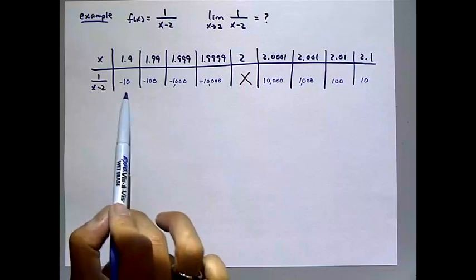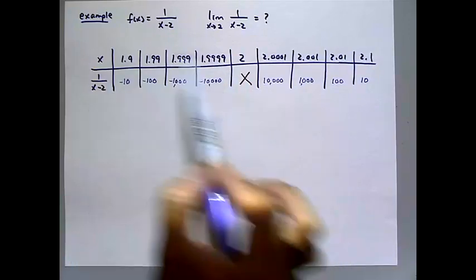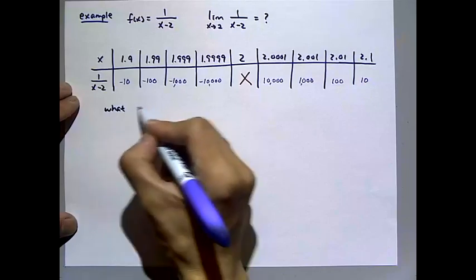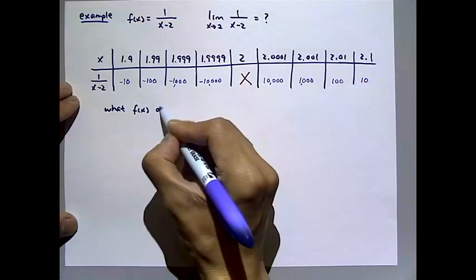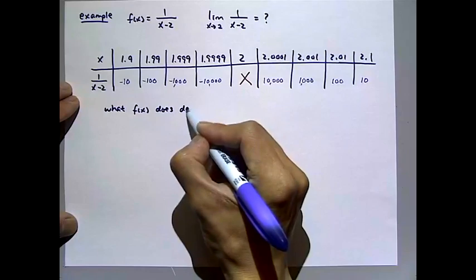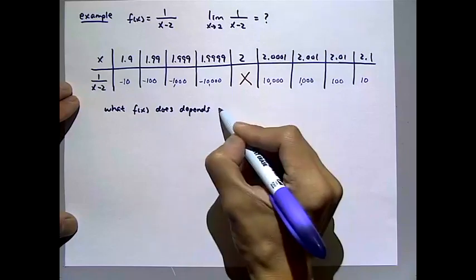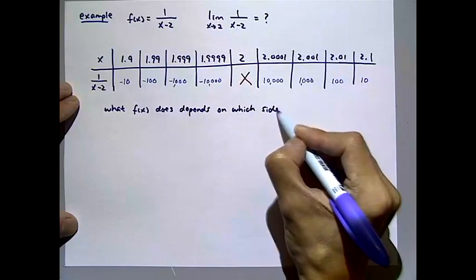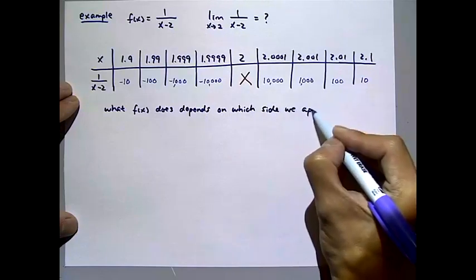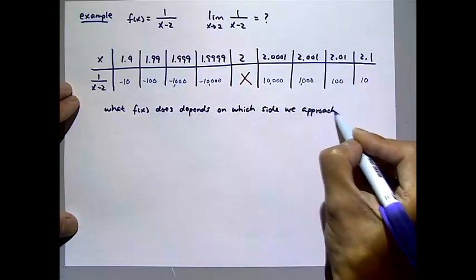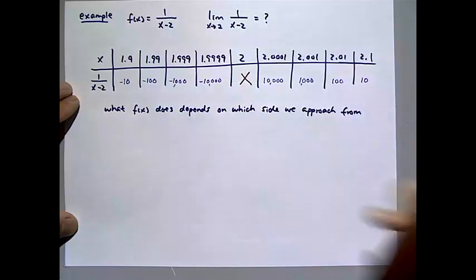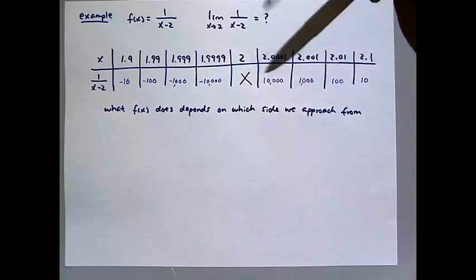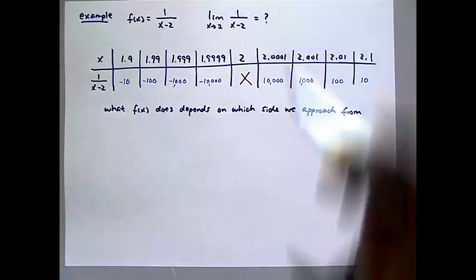From the left, they also get bigger, but they are always negative. Right side gives me something, left side gives me something else.